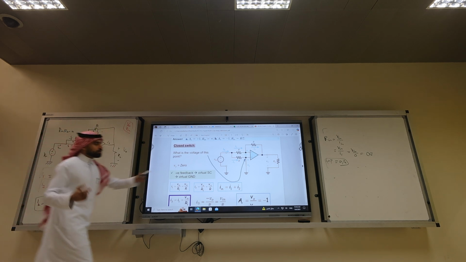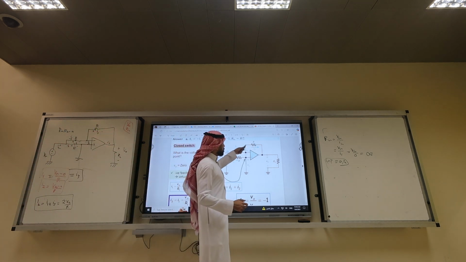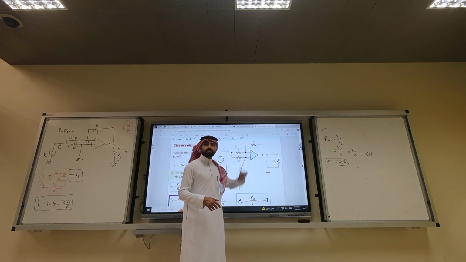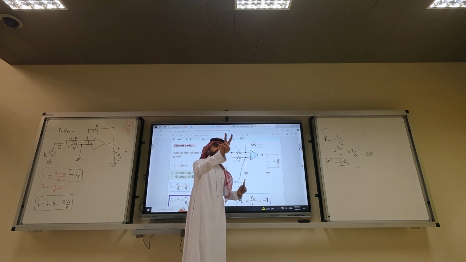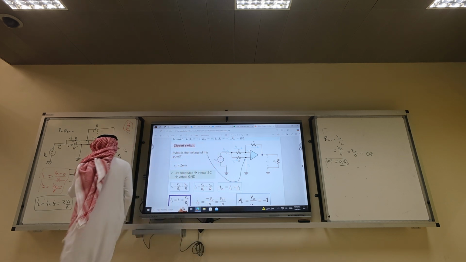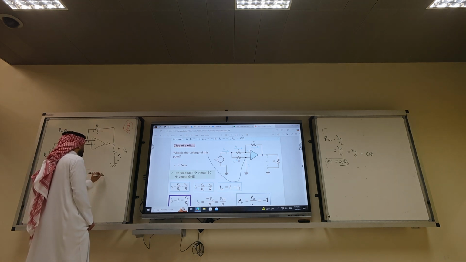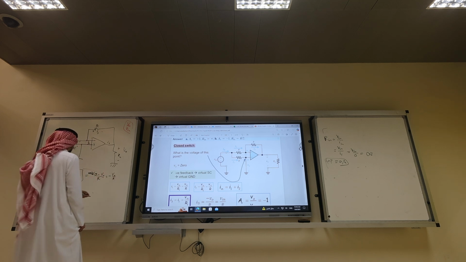You can do KVL, or now we are smart enough to know that I3 is 0 minus V output over R, which is minus V output over R. Both methods should work.